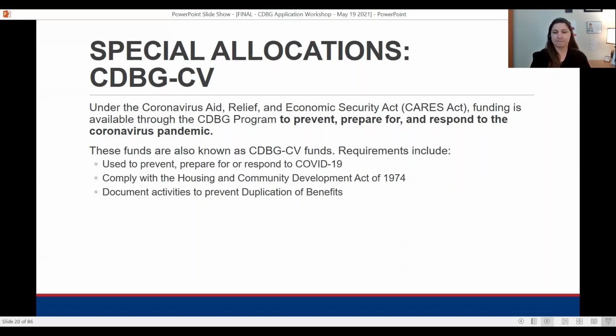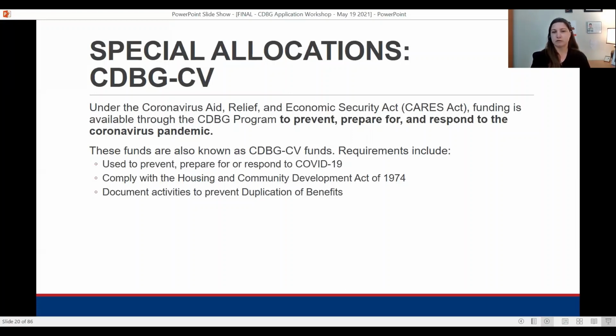And again, that funding is very specific and has to go towards projects that are directly linked to COVID-19, and along with a lot of the regular requirements, there is that requirement of a strong link to COVID. It has to comply with all the regular Housing and Community Development Act requirements.